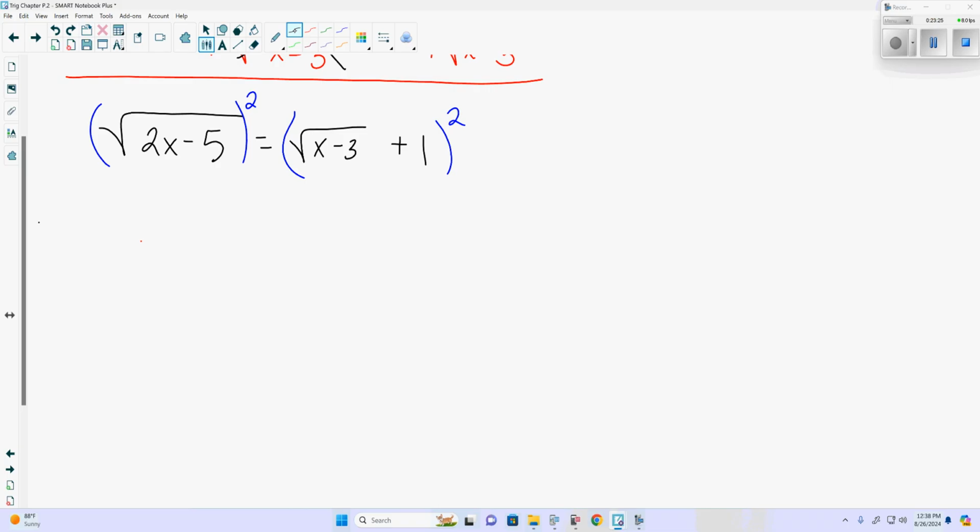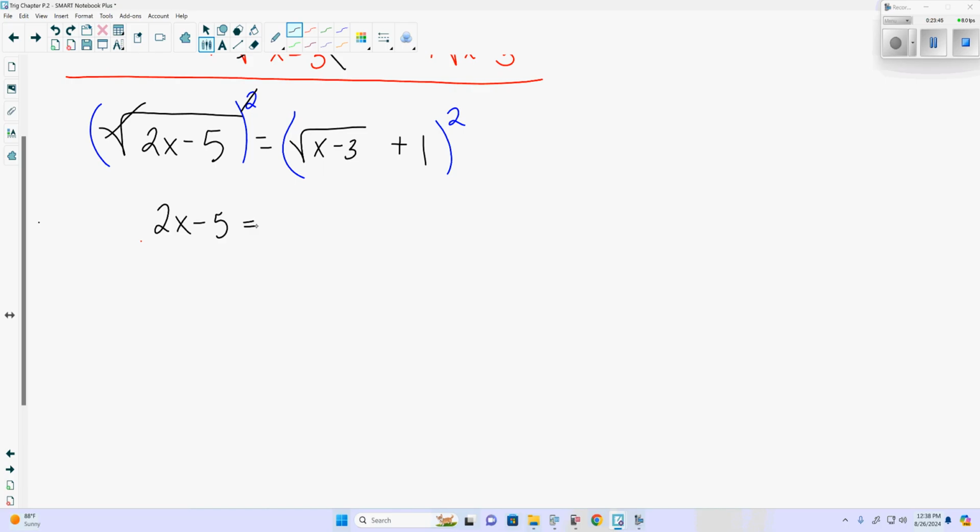Now, the left-hand side's nice, because we have a square root being squared, and it's the only term. So we're multiplying it by itself, but these two will cancel, telling us that we have 2x minus 5.